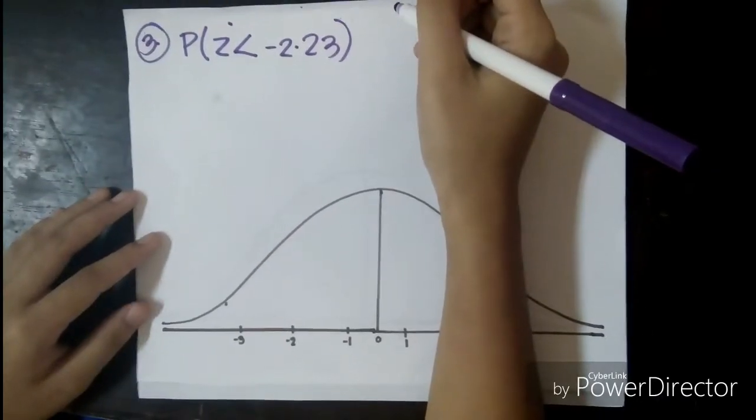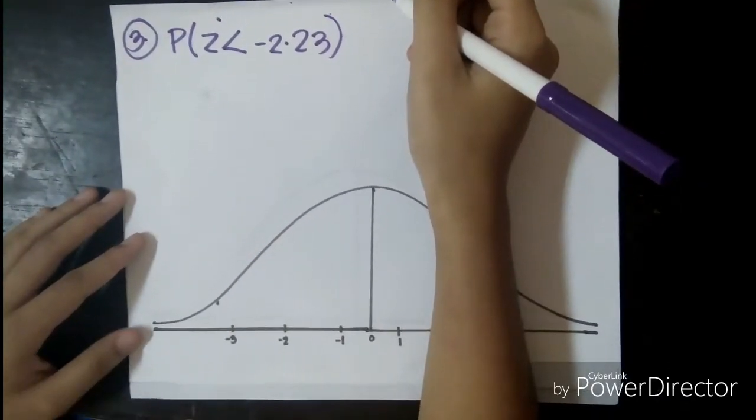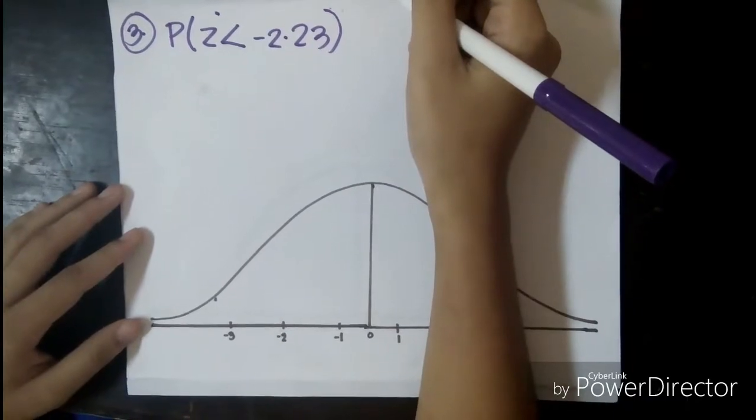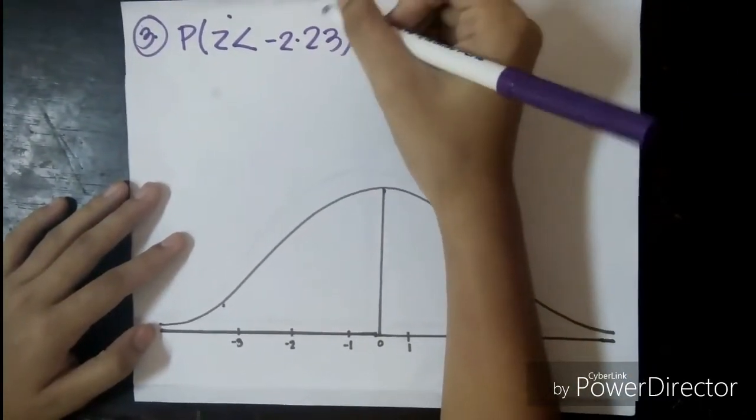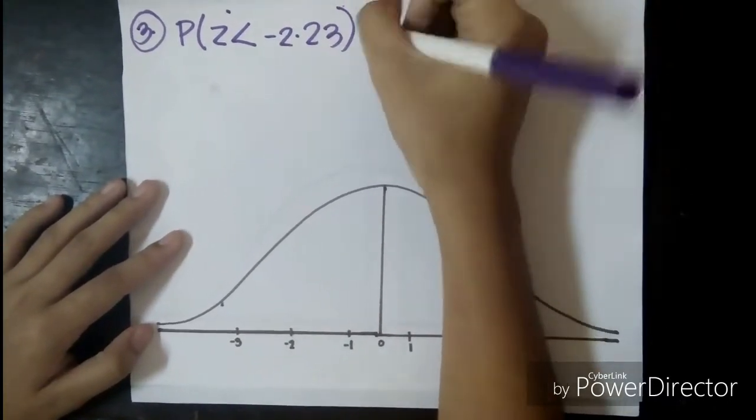Our third problem is P of z is less than negative 2.23. We need to locate 2.23 in the z table.